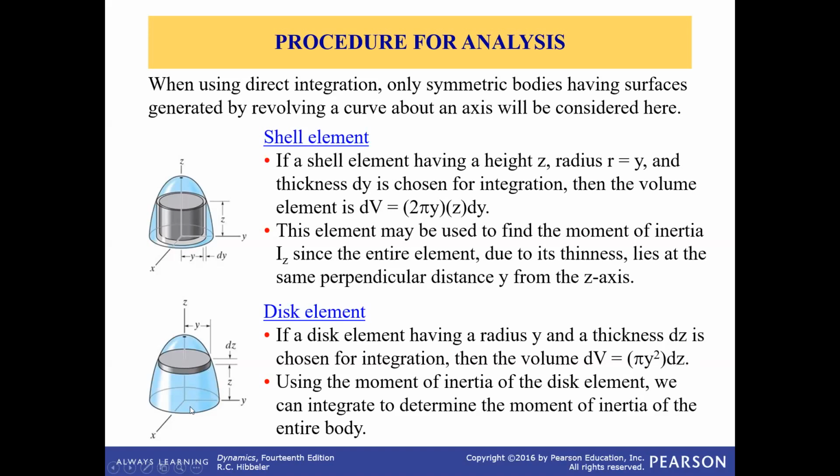Then integrate through, if you are starting from the bottom up to here, from 0 to z, any certain number z. So shell elements, disk elements, or any like the plate element, as we mentioned earlier.